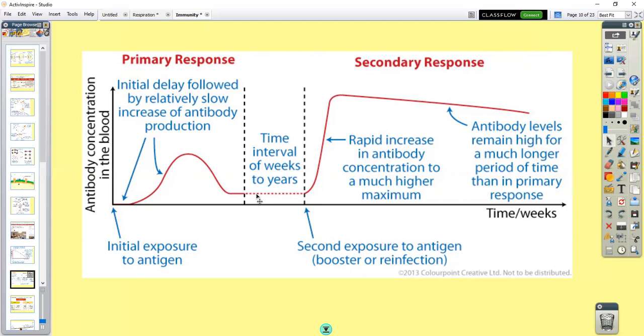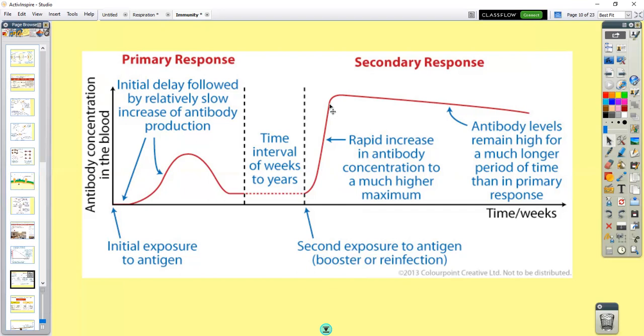Okay, and because you have the memory cells produced by those B lymphocytes, they will stay in your blood for weeks or years. If the same antigen, and it has to be the same antigen which is complementary to those antibodies, then gets back into the body, so a reinfection or second exposure, you can see there, then it's a very rapid increase in the number of antibodies.